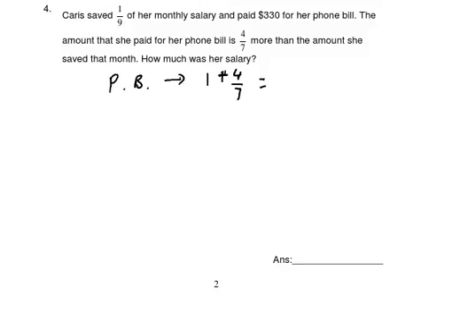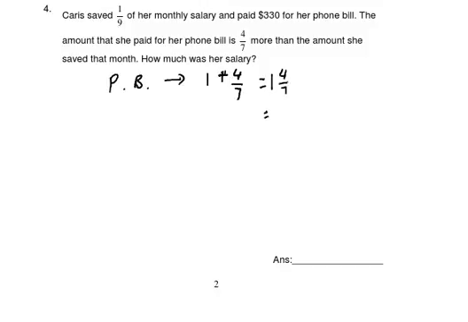Sorry? Let's say if I consider the amount she saved as 1 whole. Correct or wrong? If I consider the amount that she saved as 1 whole, isn't her phone bill 1 whole plus 4/7? Why am I doing this? Later you'll see, because it helps me to construct the model. So this is actually 1 whole 4/7, right?